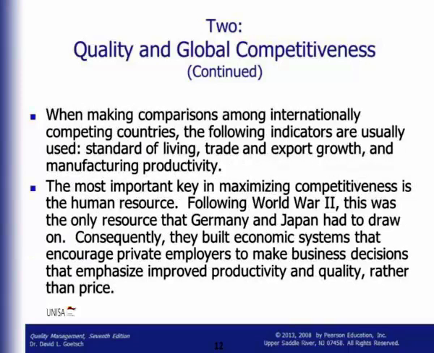When making comparisons among internationally competing countries, the following indicators are usually used: the standard of living, trade and export growth, and manufacturing productivity. Where do we stand as far as South Africa is concerned? If you can ask yourself the question and see whether you would be able to do something about it, it would be beneficial for everybody.